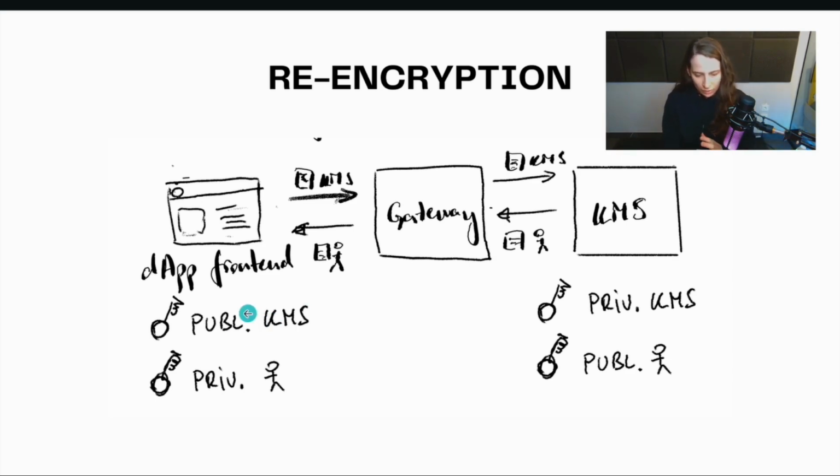We send the information that is encrypted with the KMS from the front end to the gateway, which relays it back to the KMS. The KMS unlocks it with the private key of the KMS and locks it with the public key of the user. It sends it back to the front end, and now the user can unlock it with their private key.